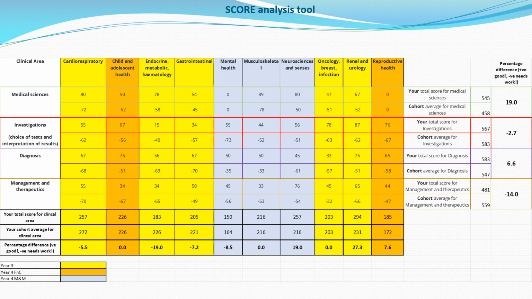And then it's about looking at the individual areas, because we know here that this person has a challenge with their management and therapeutics, but it's in year 3 stuff as well as year 4 stuff. So this is definitely a challenge across the board with management therapeutics.